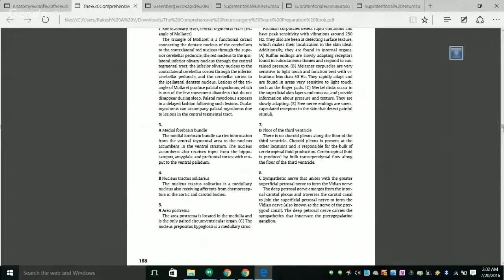Let's go through the answer. It says nucleus tractus solitarius is a medullary nucleus, also receiving afferents from chemoreceptors in the aortic and carotid bodies. The question was the taste. So nucleus tractus solitarius is associated with taste, and also with chemoreceptors in the aortic and carotid bodies.